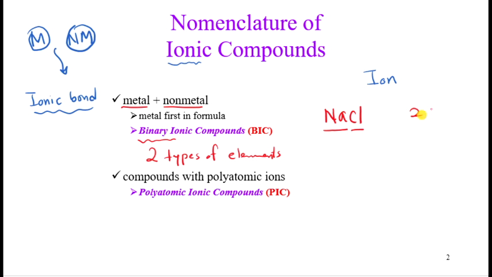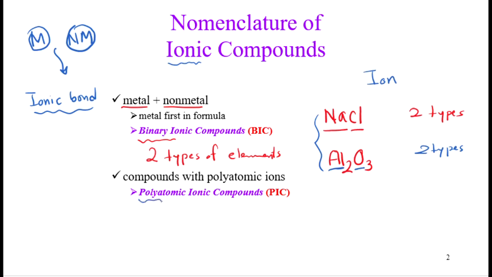So we have two types of elements. Another example, Al2O3. Look at this example. We have aluminum, Al, and oxygen, aluminum as metal, oxygen as non-metal. Two types of elements. So we call them binary ionic compounds or BIC.